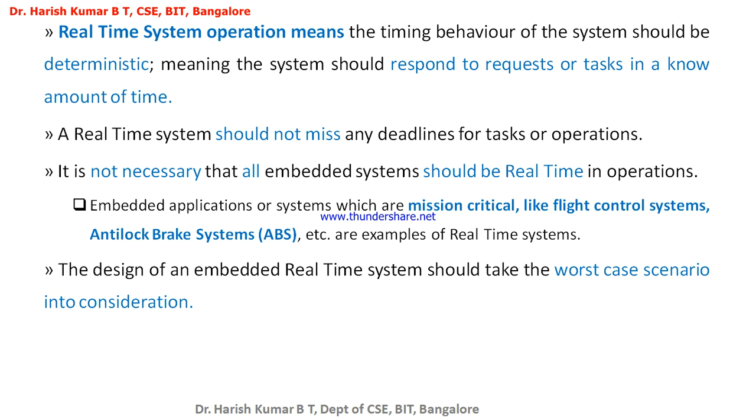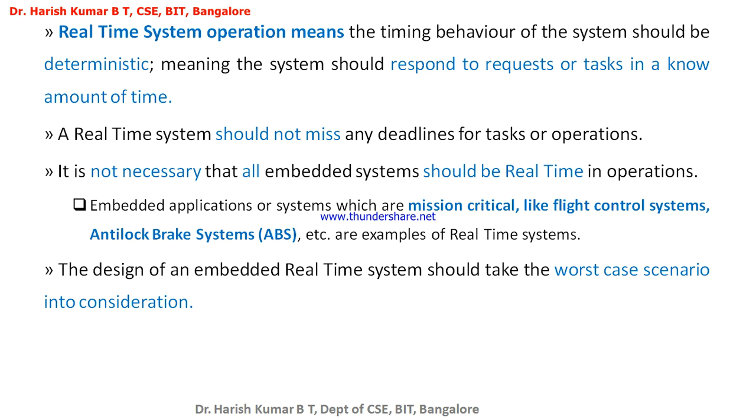If the system can do that, then we say it is a real-time system. And when you say real-time system, by any chance it should not miss any of the deadlines of tasks or operations. All the tasks of the operation should get executed and complete within the given time limit.